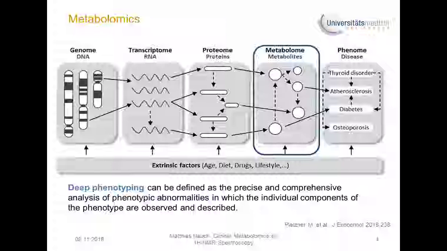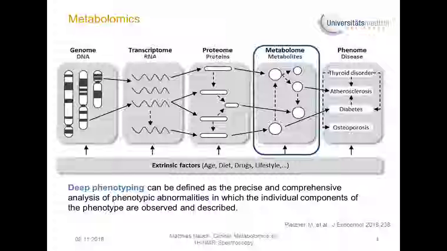Starting with the topic metabolomics, we learned over the last decades to get information about our genome, about our transcriptome, the proteome, and the metabolome. And we know that these aspects of these omics are influenced in part by age, diet, drugs, lifestyle, and so on.